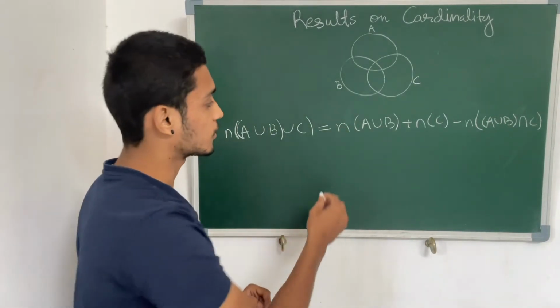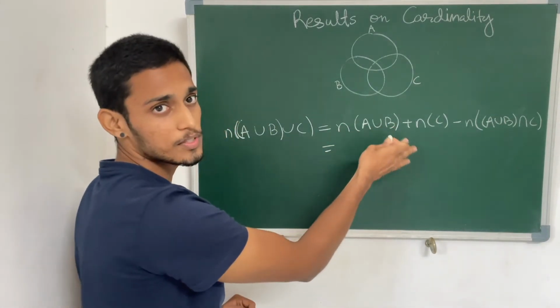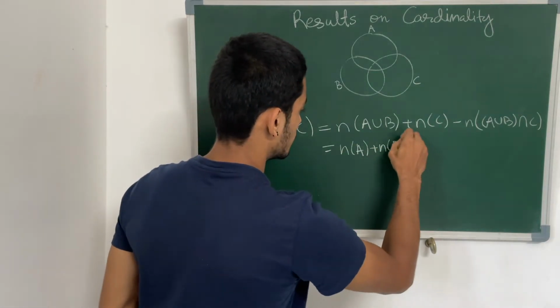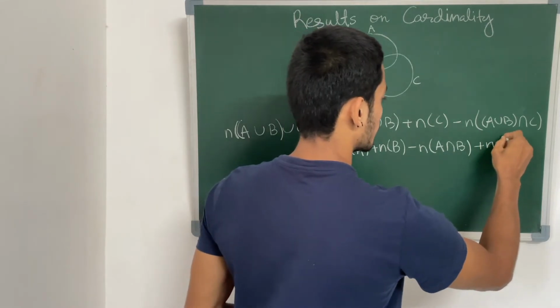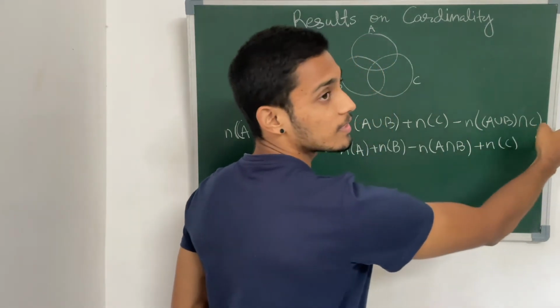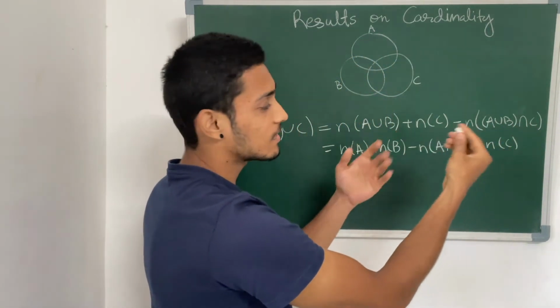Now let us try to solve for this. So again here we have 2 sets, let us solve it. Again from the first result we have gotten this. Now we have to solve this. So with the distributive law, first let us separate it.